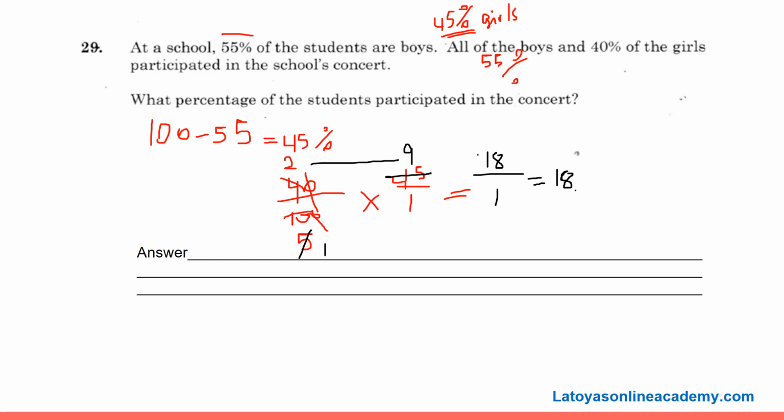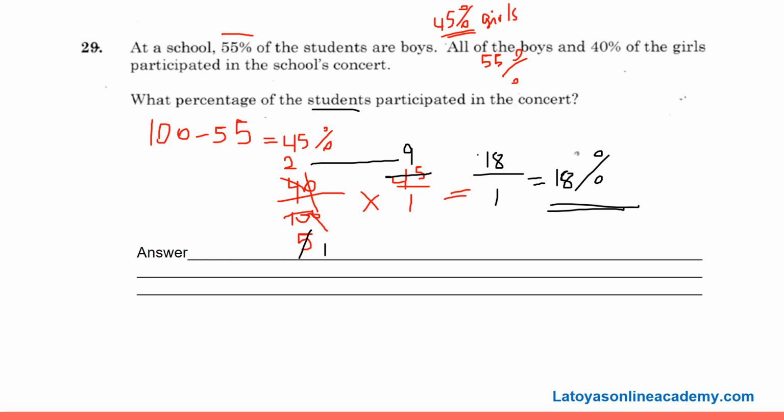So 18%. So what is 40%, sorry, all the boys and 40% of the girls. So 40% of the girls, which is 18% as we got here, participated in the school's concert. The question wants to know what percentage of the students, meaning both boys and girls, participated in the concert.